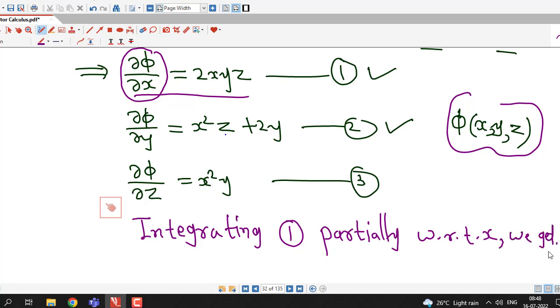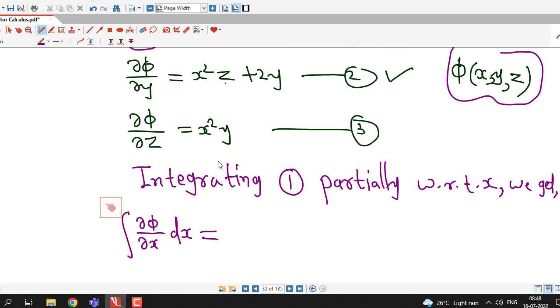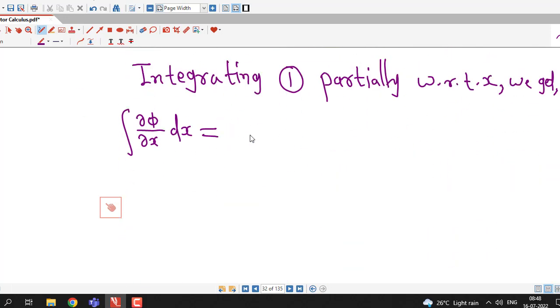Integrating 1 partially with respect to x, we get on the left hand side the partial derivative of phi with respect to x, and on the right hand side 2xyz. So we are integrating 2xyz with respect to x, considering y and z as constants.